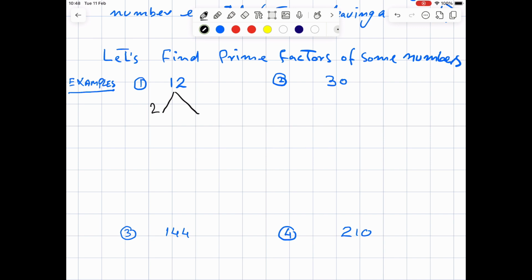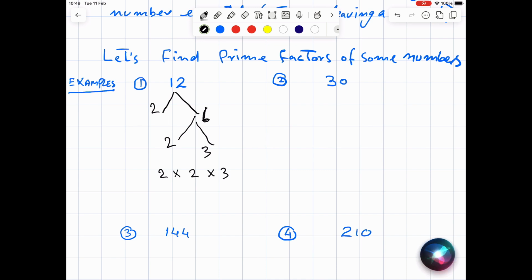When we divide by 2, it gives us 6. Then 6 is divided by 2 again, which gives us 3. So the prime factors of 12 are 2 times 2 times 3.